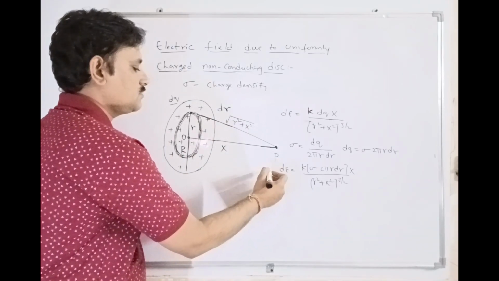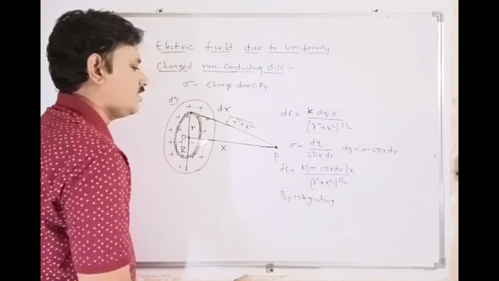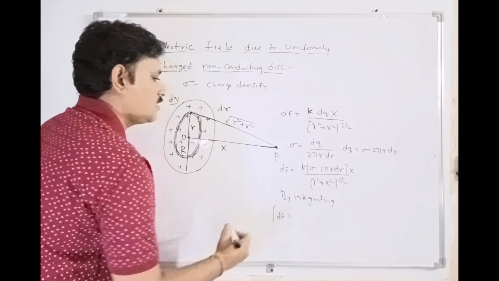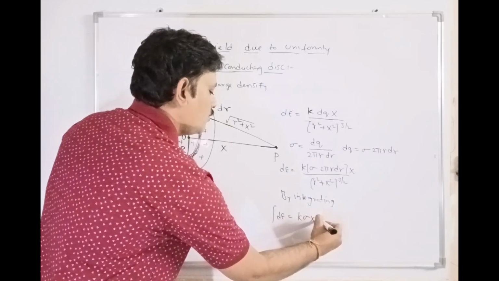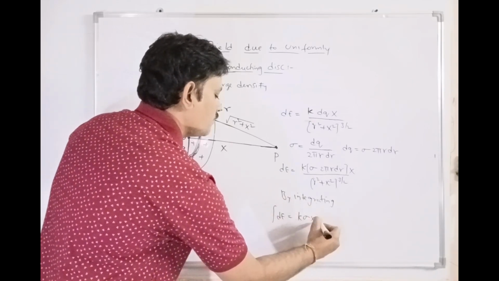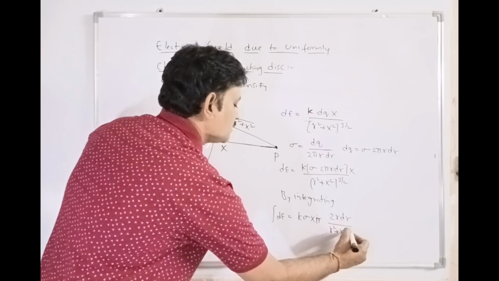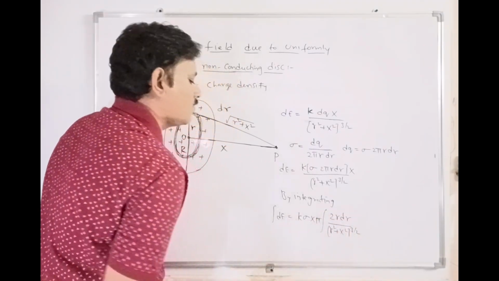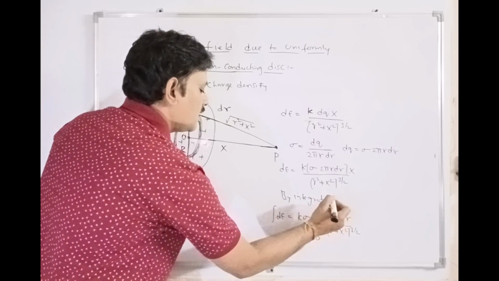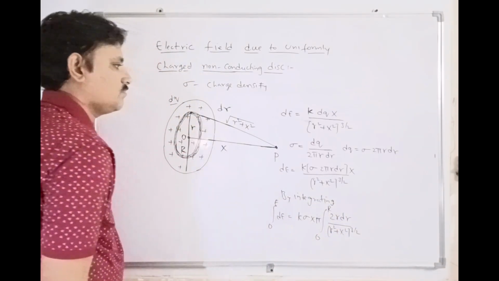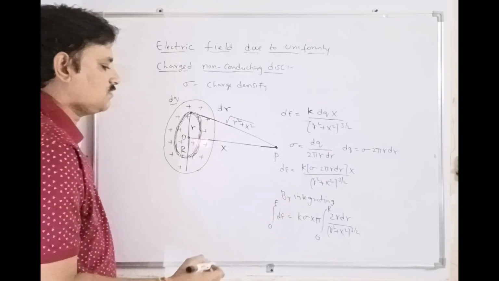By integrating on both sides, the integral of dE is equal to k sigma x into 2 pi into 2r dr by r square plus x square whole power 3 by 2, integrated from the limits 0 to the total radius R. So this is the integration part, and the integral of dE is equal to E.